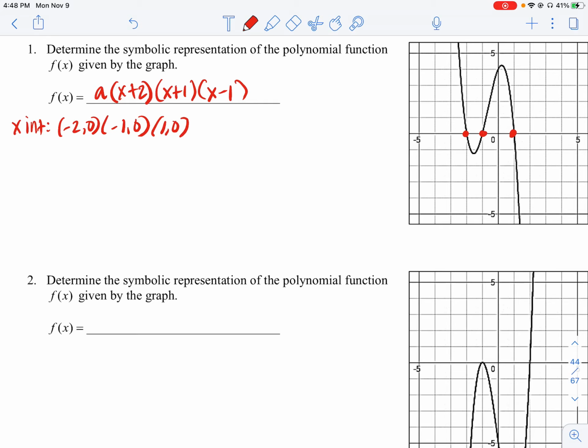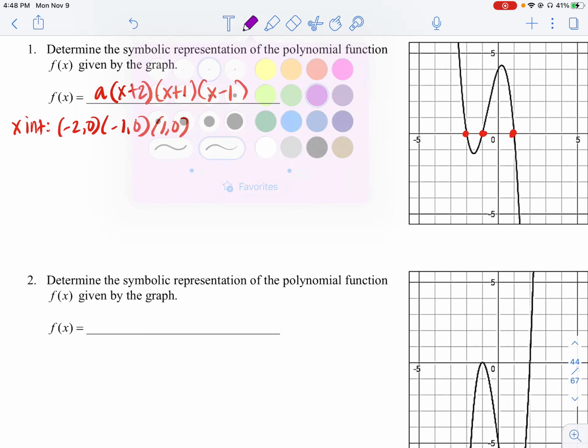From there, our goal now is to find the value of a. What we do is get another point on the graph, not the x-intercepts, that we could plug in so we can find the value of a. Usually our top choice is the y-intercept.